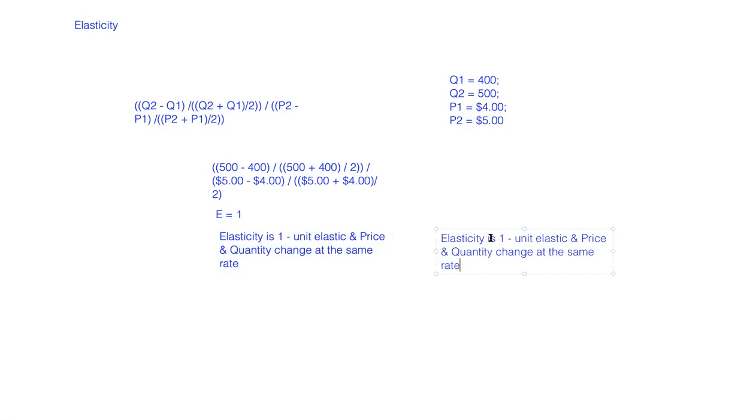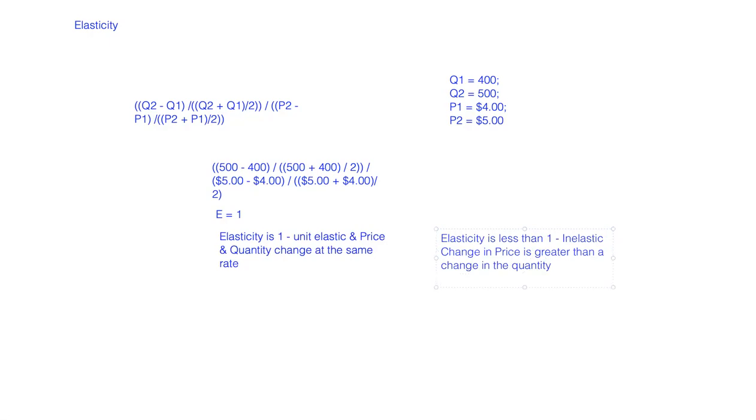If something is less than 1, that effectively means that it is inelastic. If something is inelastic, it means that the change in price is going to be greater than the change in quantity. So let's write that down: change in price is greater than a change in the quantity.